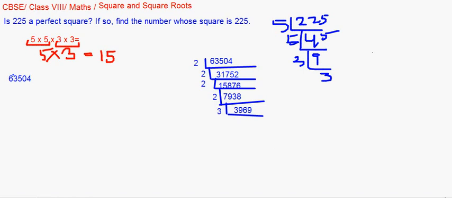Again, 3 is a prime number. This is giving me 1323, which is again divisible by 3. That's giving me 441, which is divisible by 3 again.